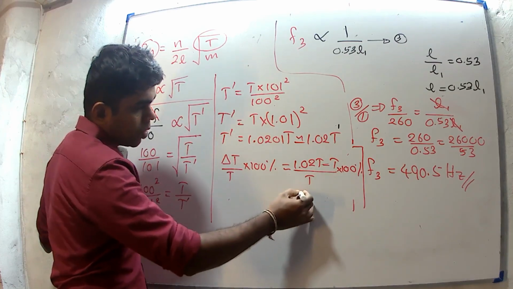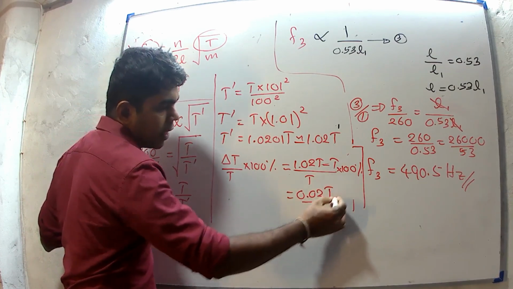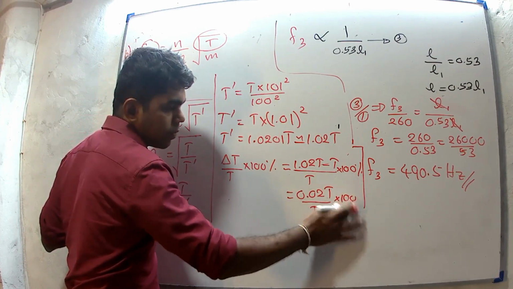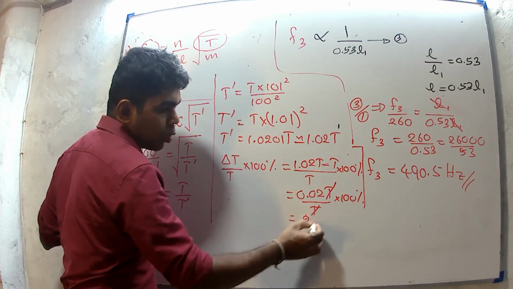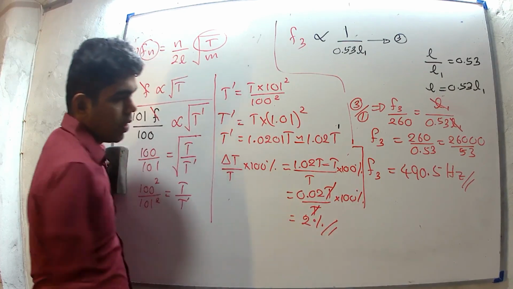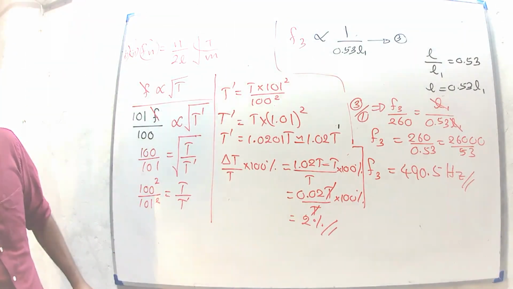Then 0.02 T divided by T times 100. We can cancel out the T term, 2%. Then the percentage change of tension is 2%.